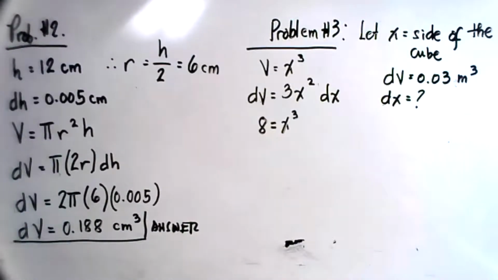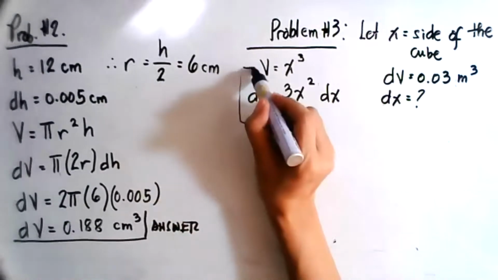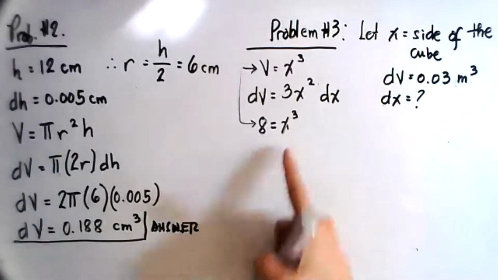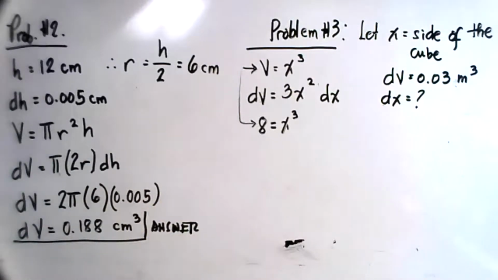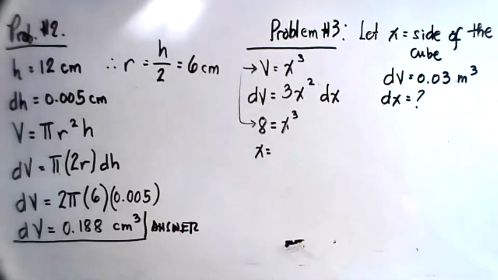According to the problem, the volume is 8 cubic meters. So what we did was to substitute the value of 8 for the volume. So 8 is equal to x cubed. So what will be the value of x? 2.